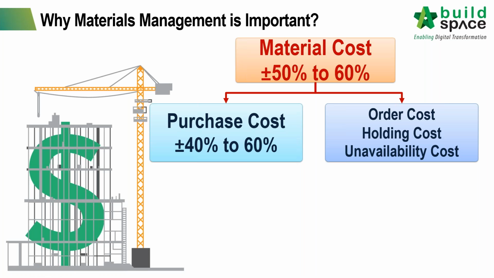Unavailability cost is incurred when a desired material is not available at the desired time. The shortage might delay work, therefore wasting labor resources or delaying the completion of the entire project. And that is when our productivity is affected by the material itself.